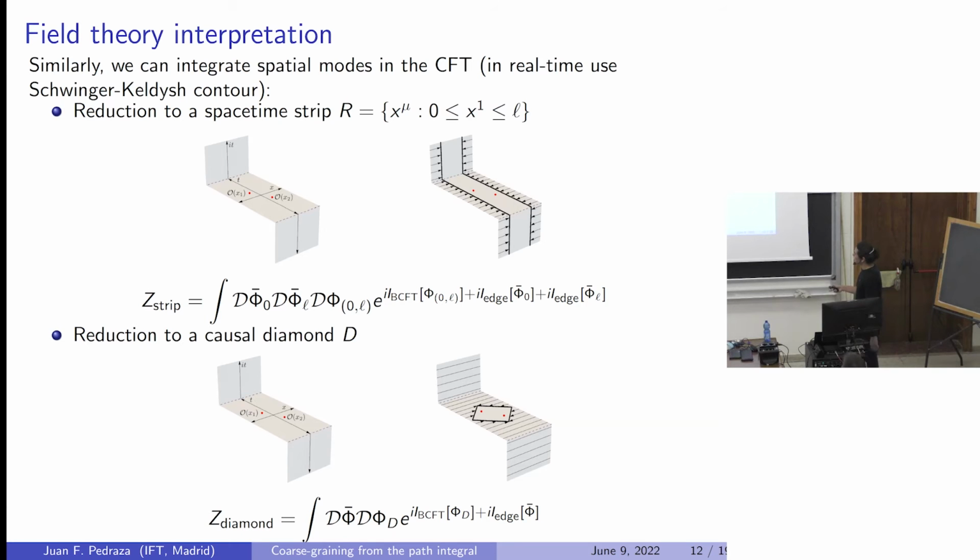You end up with this path integral of some theory inside and some boundary term. In these two cases, the novelty is that the theories that live here are defined over a manifold with a boundary. So I'm calling them BCFT.